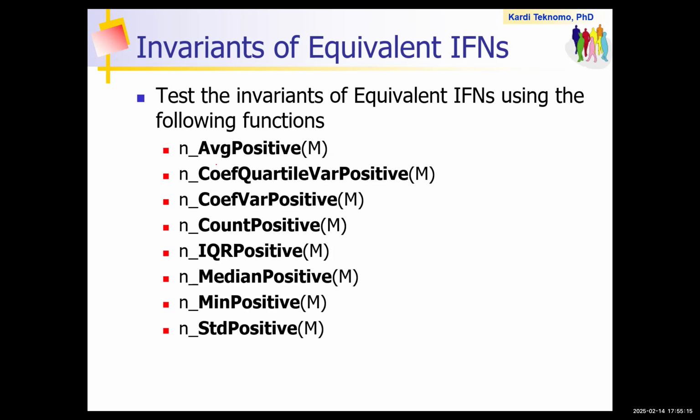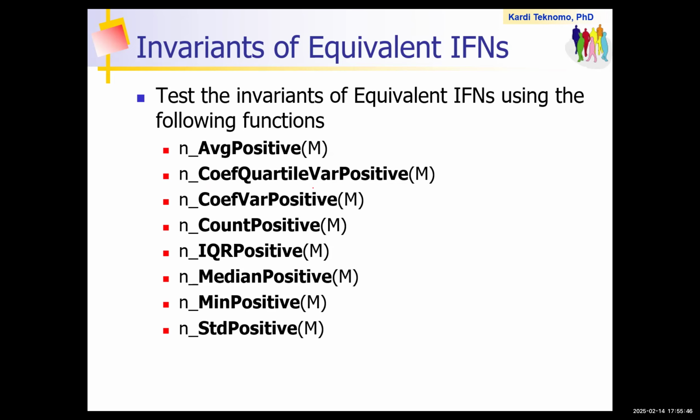Because you have a matrix, what you need to do is get the actual positive values. You don't calculate the zeros because what we calculate is actually the link flow, which does not include the zeros. So the IFN Excel add-in already has functions to get the positive values. For example, average positive will get only the positive entries of the matrix.